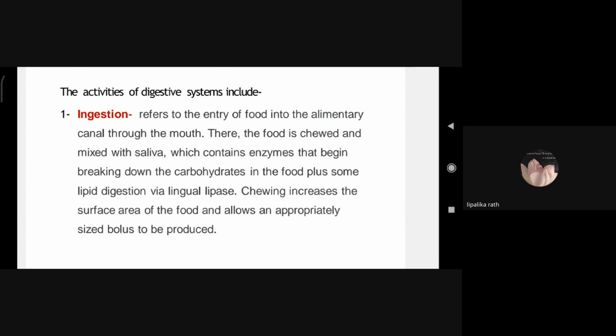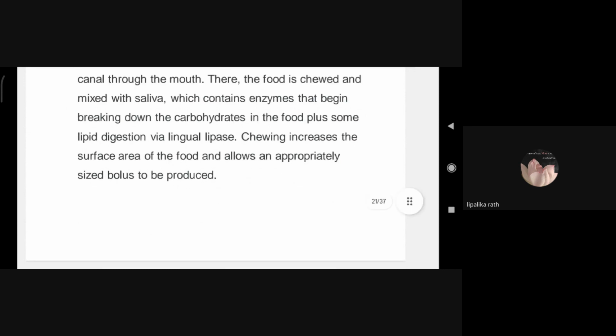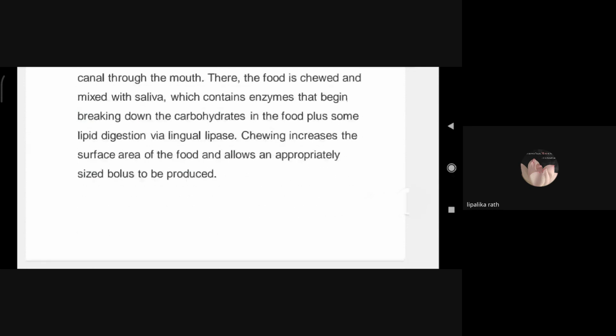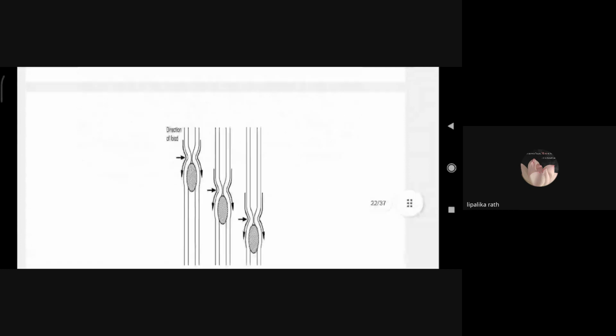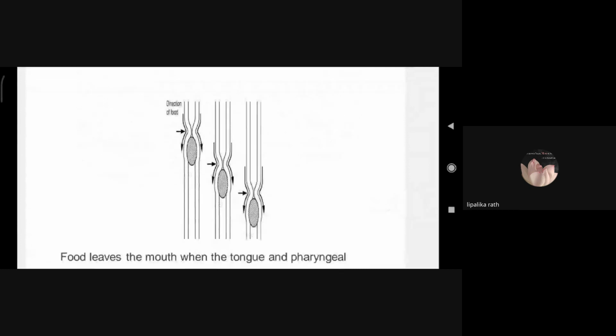After the mouth, the bolus is produced and it goes to the esophagus. This is the bolus, the collective amount of food we take in a bite.